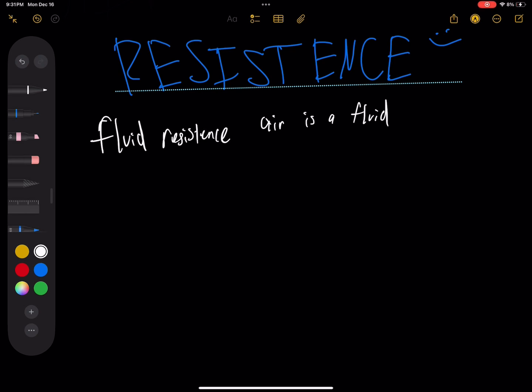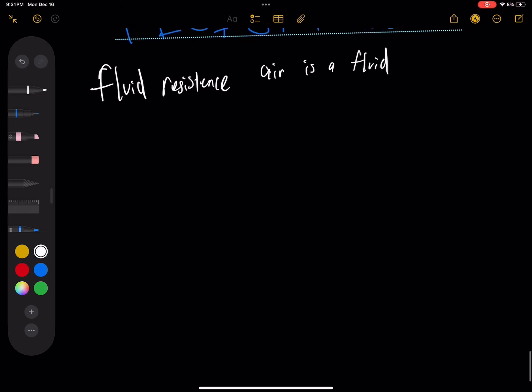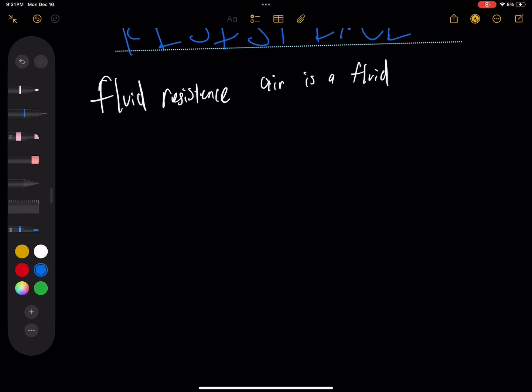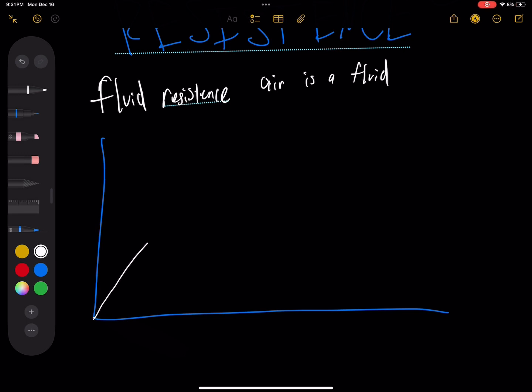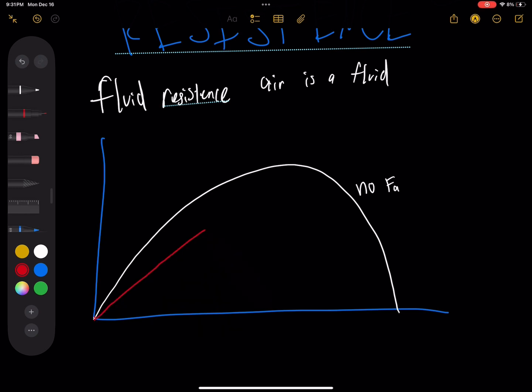So, another helpful diagram. Say we have this, right? And let's look at what we've been normally looking at. If we start from the ground, we can have something like this. And that's going to be FA, which is what I'm going to be calling air resistance from now on, FA. So if we had air resistance, let's put it in red, then it would start from the same point, go, and then stop.